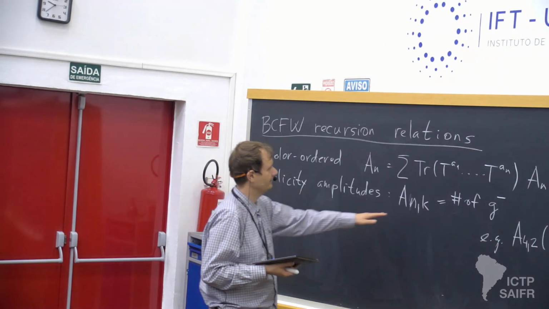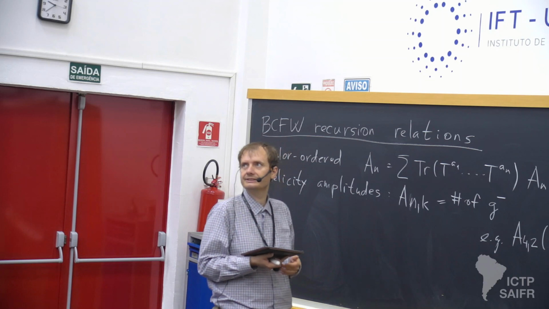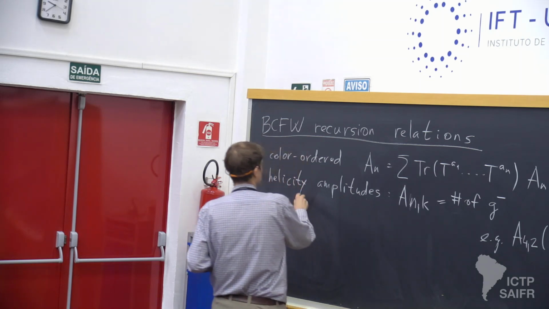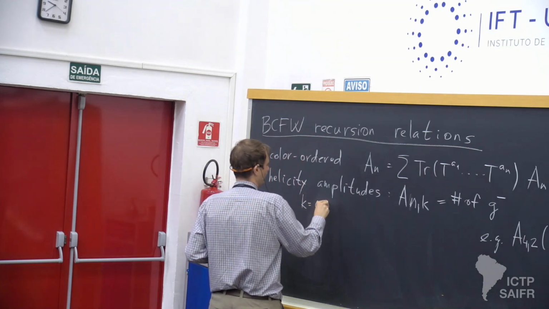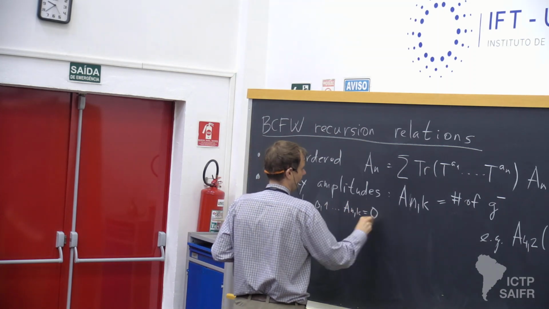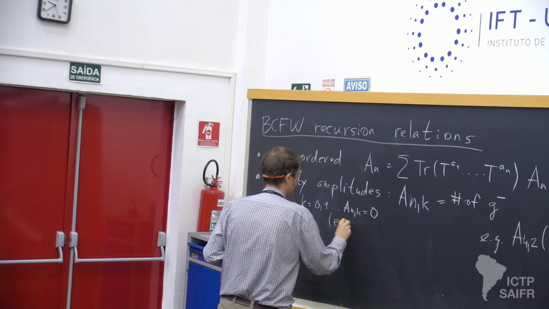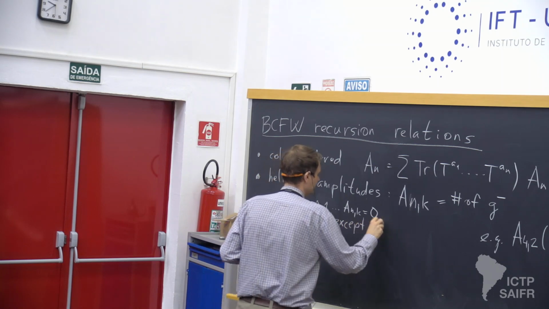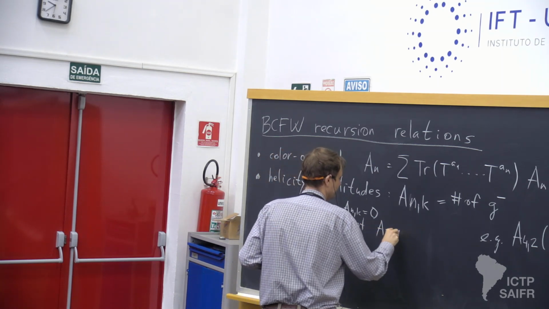I said that some amplitudes are 0. If k is 0 or 1, the amplitude is 0, except one special case for k equals 1, that's the amplitude A31. That one is not 0.